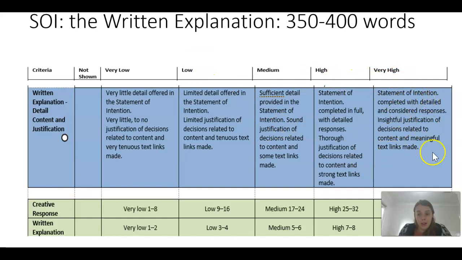So in order to get a high result, you need to show me that you know Of Mice and Men really well, you know the characters well, you know the setting well, you know Steinbeck's style well. And you need to be able to therefore tell me why you've chosen to extend the story in this way. I chose to write my piece from the perspective of Curly's wife because she is exposed to a lot of prejudice throughout the text and she is extremely lonely.